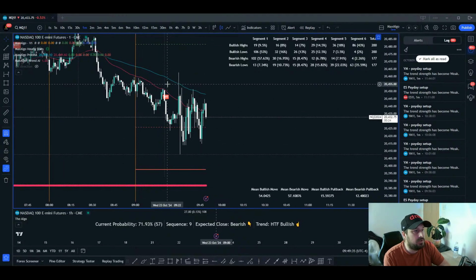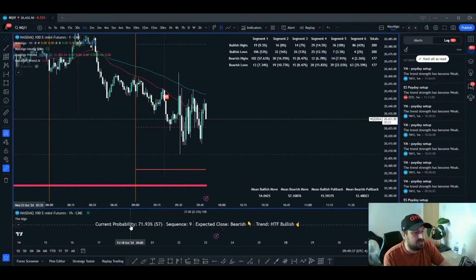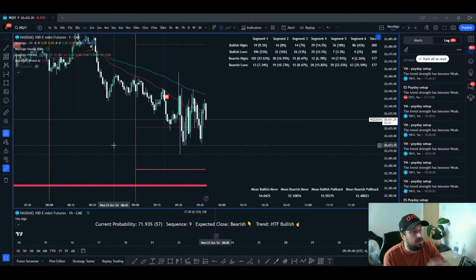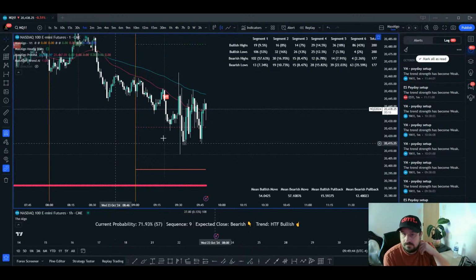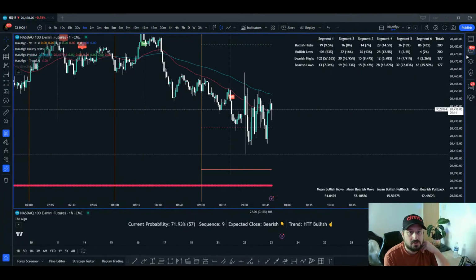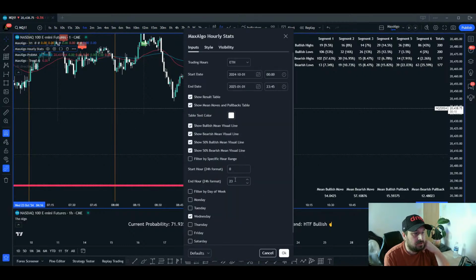That was the open for New York. Obviously, the prediction was 71% probability that the hour closes bearish. New York opens, we can filter, so you can have a look at just New York opens. So obviously, if you go into the settings, you can filter by the hour and just look at New York Open. So you get the statistics for New York Open.